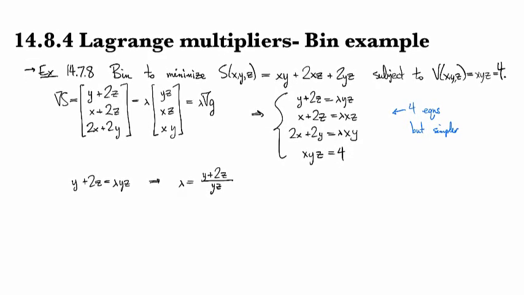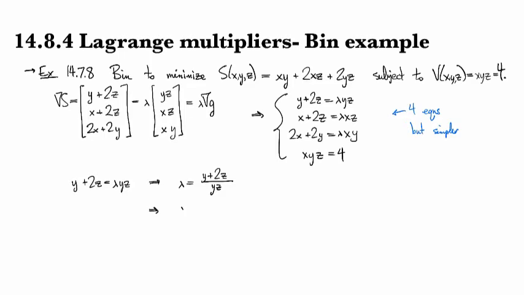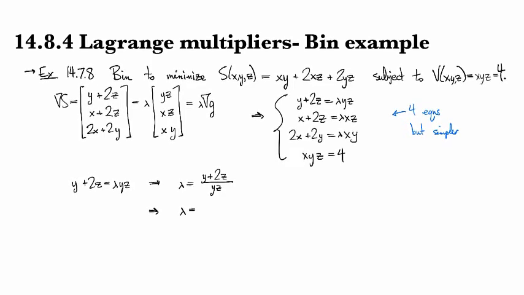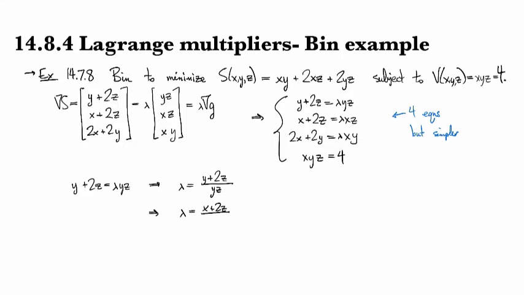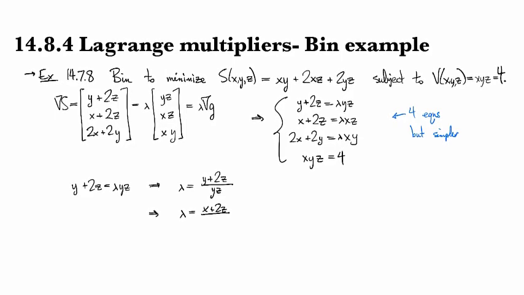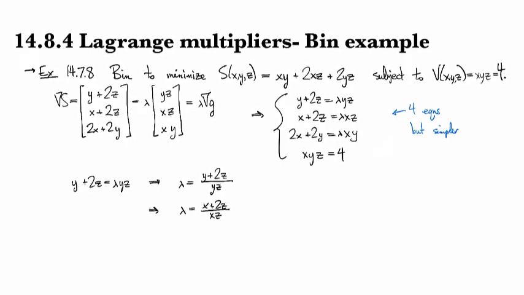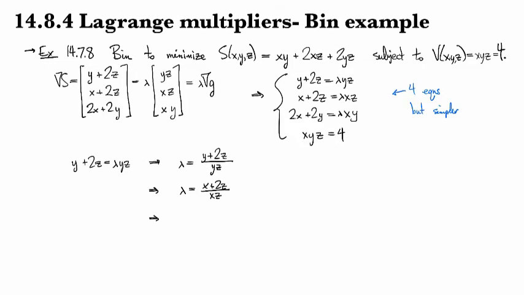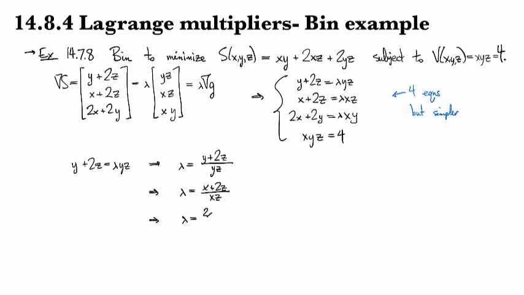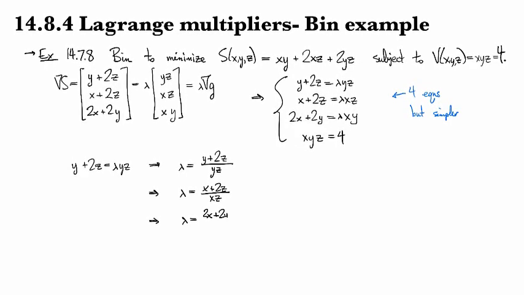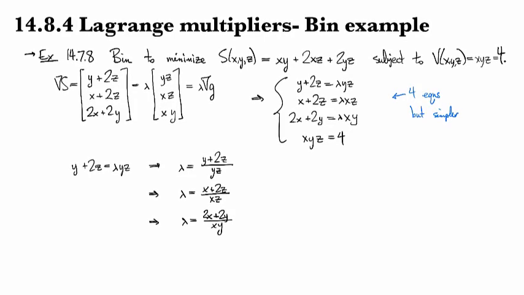And then similarly from the second equation, I can solve as lambda equals x plus 2z over xz. And from the third equation, I can get 2x plus 2y over xy.